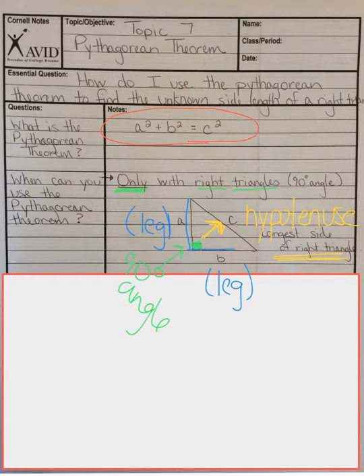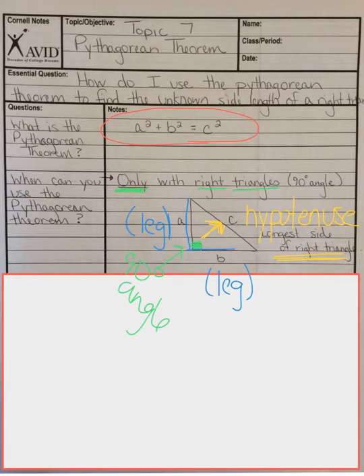So A and B are called your legs, C is called your hypotenuse, and it is always across from that 90-degree angle. So we're going to start out with 2 examples for today, and we're going to try to find the C. How do we figure out what C is if I give you A and B?